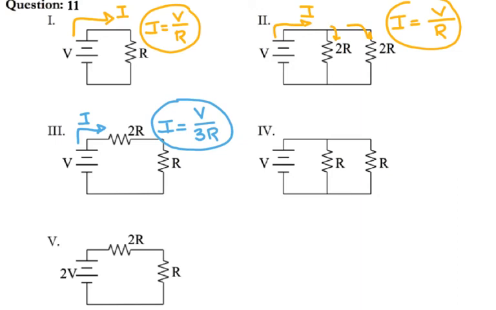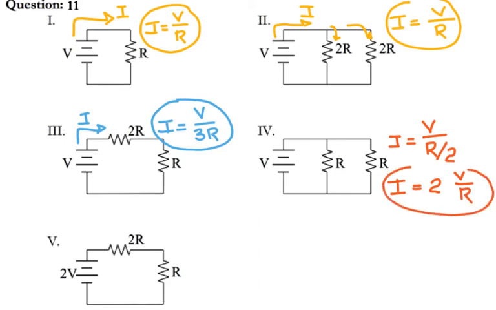In the fourth one, I have I is equal to the voltage divided by the total resistance, which is R over 2. So in this case, the current is equal to 2 times V over R. So far the largest current. And for the last one, I have the current is equal to 2V over 3R, the total resistance.